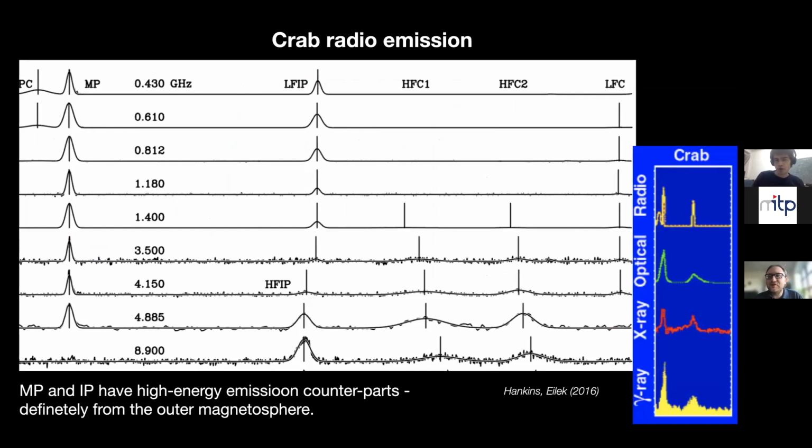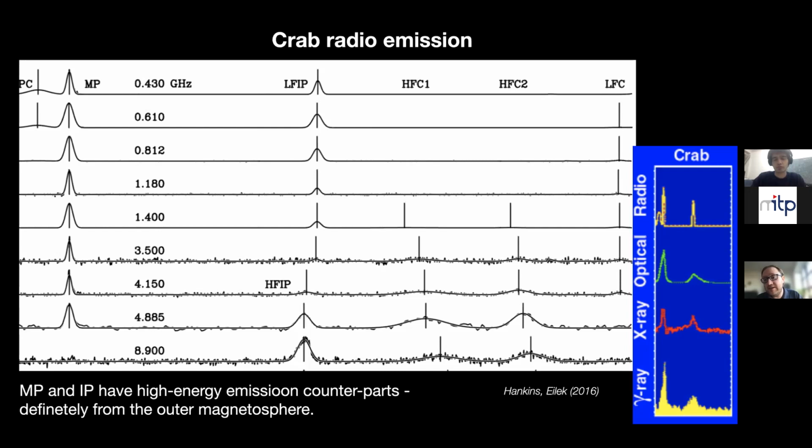At this point, I can stop at any point, because this is the second story about radio emission, which concerns this famous pulsar in the Crab Nebula, which has this interesting feature that the emission you see across the whole spectrum is aligned in phase. So this means that more or less the same emission from gamma rays to radio frequencies comes from the same place.